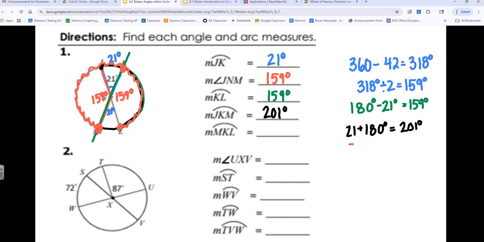Okay, that's the quickest way to get there. 360 minus 21 is going to give you 339. Is that right? Yeah. 339. That's the quickest way because we know the whole circle is 360 and we're just not using that 21 degrees right there. All right. So that gets us all of our arcs and angles here. Okay. Try the next one on your own.